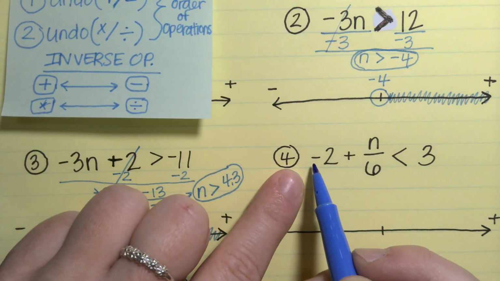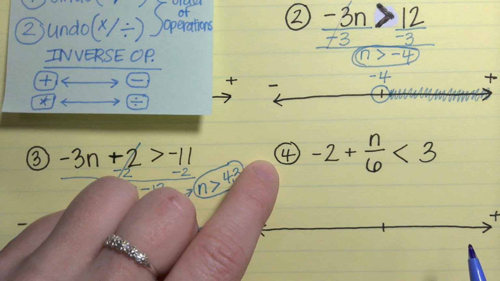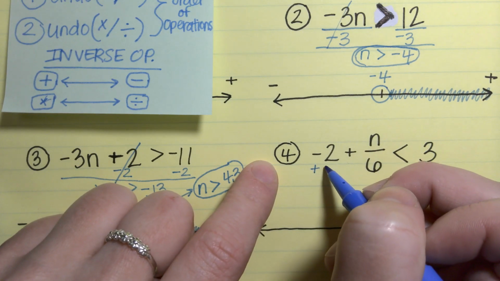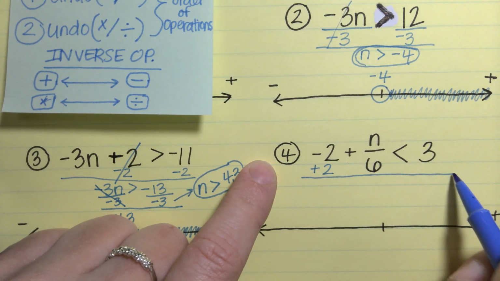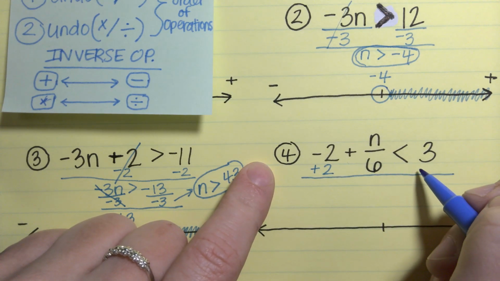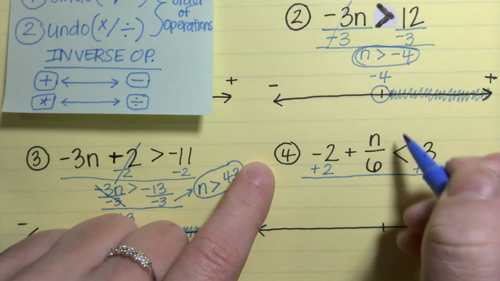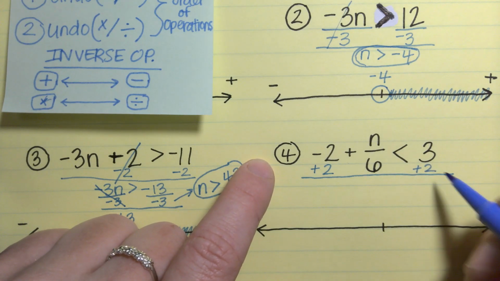So if I have a negative 2, how am I going to get rid of it? Plus 2. Yeah, so I'm going to write plus 2. And where else do I need to add 2? Under the 3. Good. On the other side of my separation of my inequality, not my equal sign, my less than sign. All right.